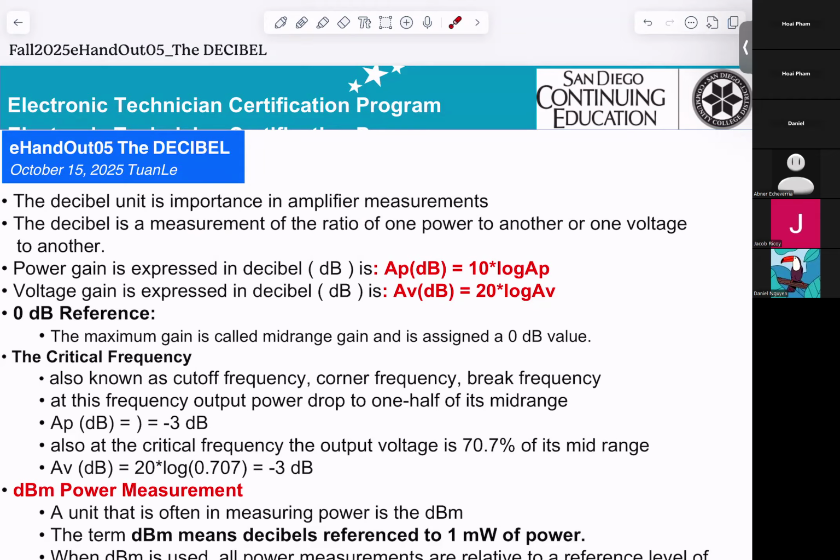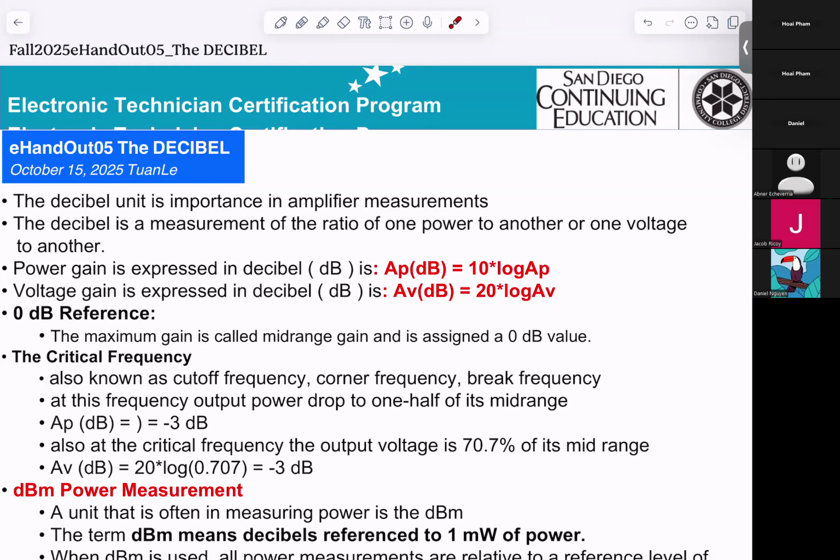That means the ratio between P out divided by P in. The voltage ratio will be V out divided by V in, and the current ratio will be I out over I in. However, they want to display it in decibels. If you get it in decibels, you're able to convert it back to normal. Okay?